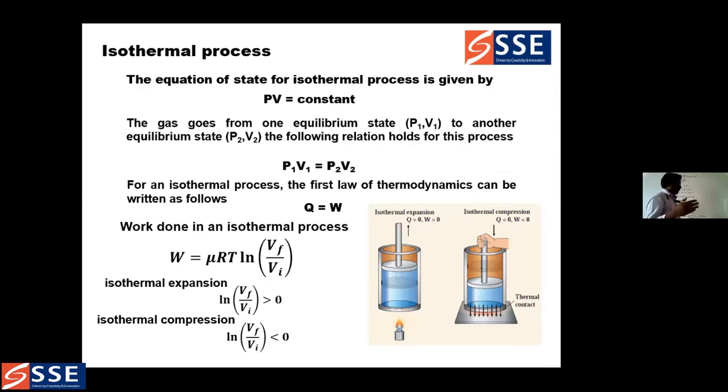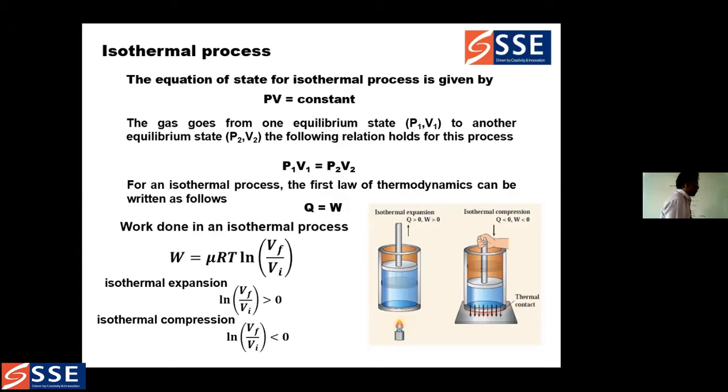Here n is the number of moles, and R is a constant, and temperature we made constant. That's why nRT as a whole will be constant, while pressure and volume will vary. That is said to be an isothermal process.